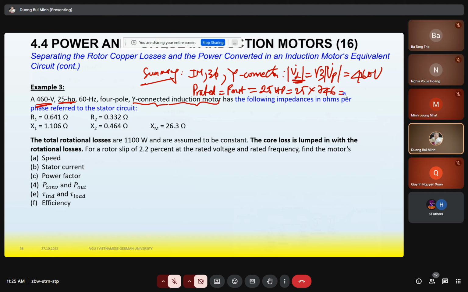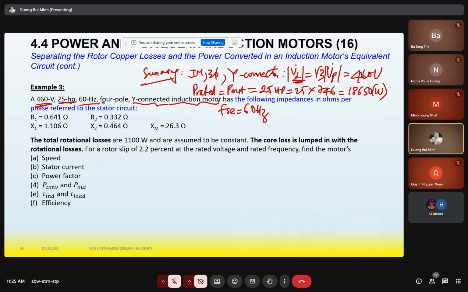Okay, so now we have 25 times 746. You get 18,650 watt. Okay, 60 hertz. That means f is 60 hertz.